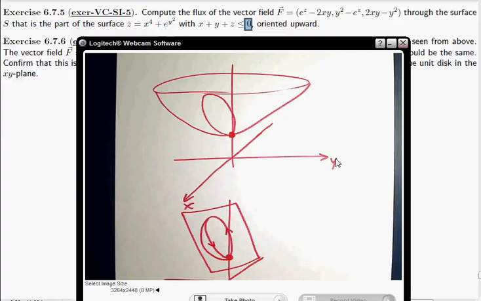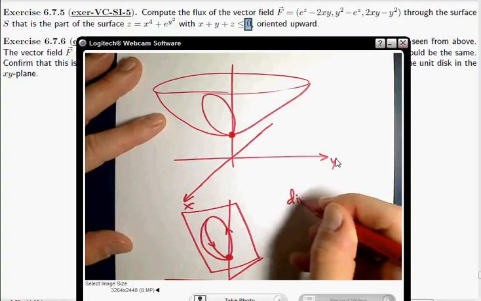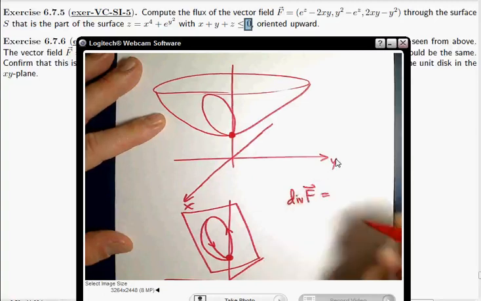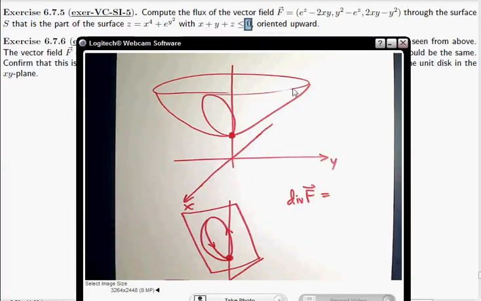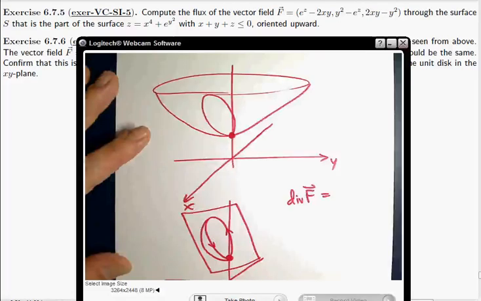The divergence of F: the x partial is minus 2y, the y partial is plus 2y, the z partial is 0, and you add it up and the divergence is just 0.